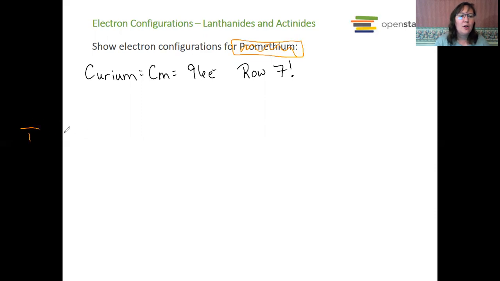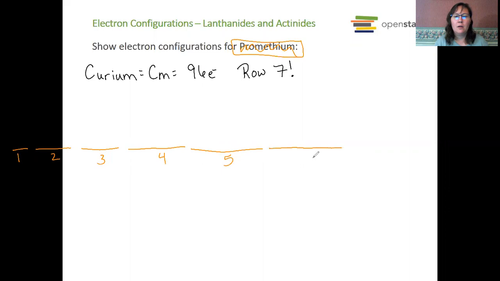And here's 1st row, 2nd row. And then, hang on, this ended up not working very well. There we go. So 1st row, 2nd row, 3rd row, 4th row, 5th row. Oh, that should be a 6.